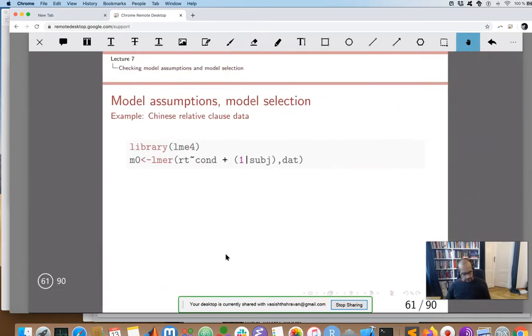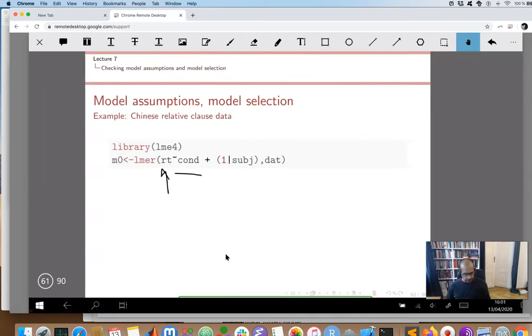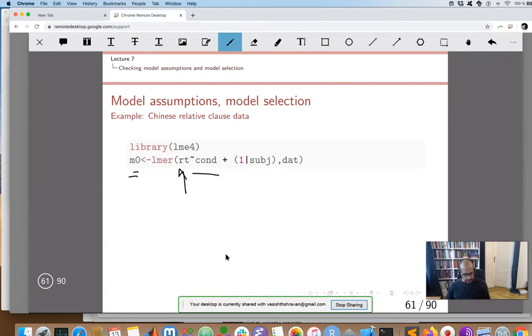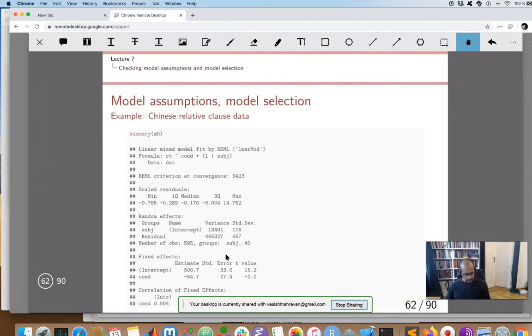Okay, so now I'm going to go ahead and fit a varying intercepts linear mixed model with this ±1 coding for the cond column, and I'm just using raw reading times here to get started. So I fit this model, I'm saving it as model M0, and when I look at the output, what I get is quite what I would expect, right?